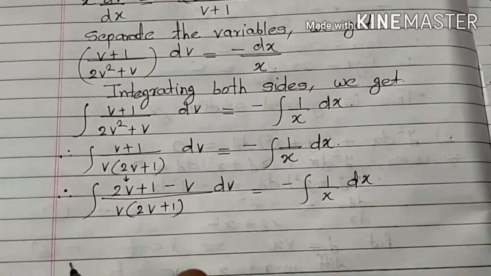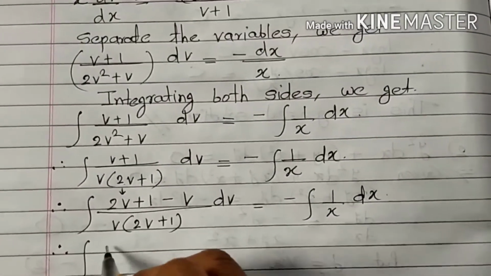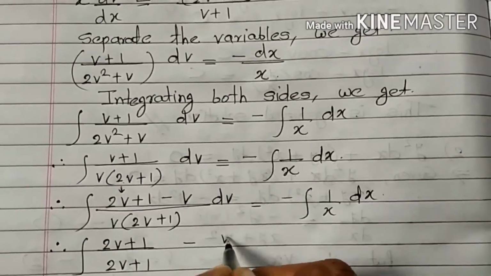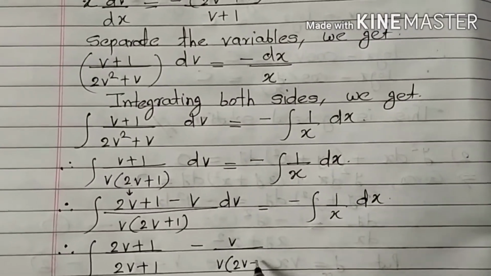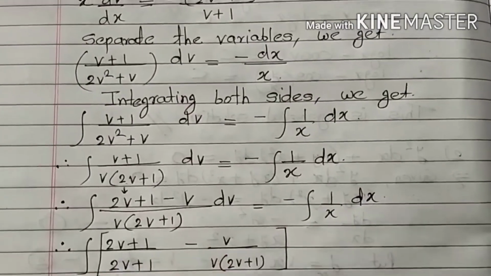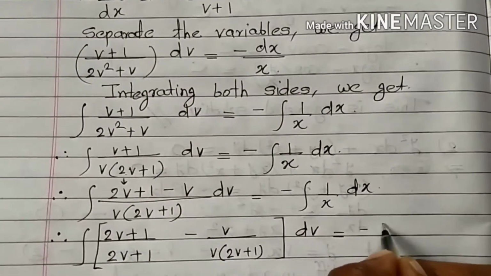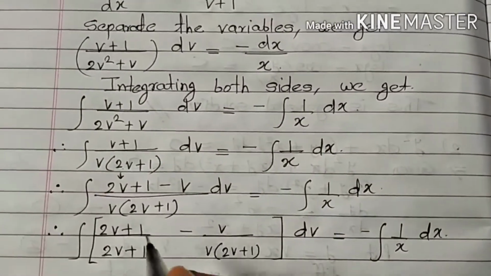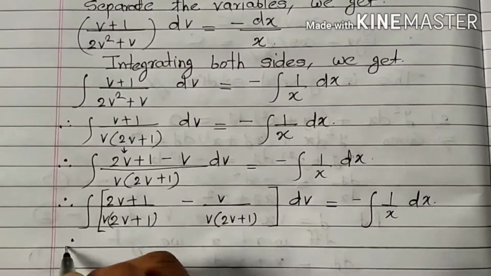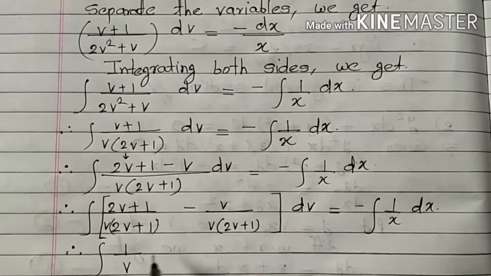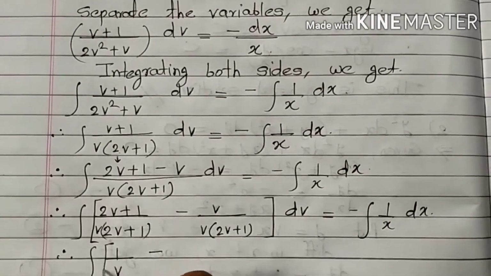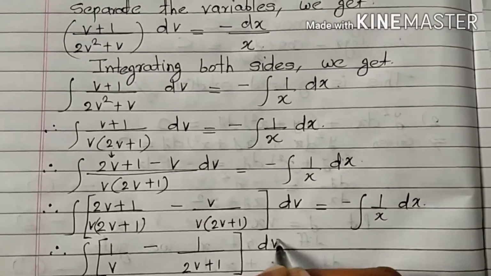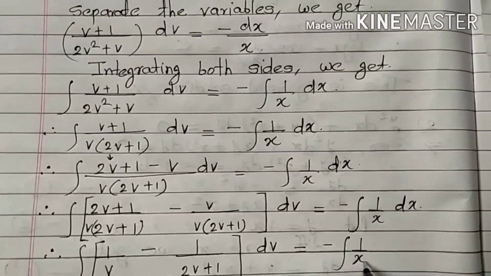Now next step, separate the denominator, so it is 2v plus 1 upon v into 2v plus 1 minus v upon v into 2v plus 1, dv, which is equal to minus integration of 1 upon x dx. And here v is missing, so integration of 1 upon v minus, here remaining terms are 1 upon 2v plus 1, dv, which is equal to minus integration of 1 upon x dx.